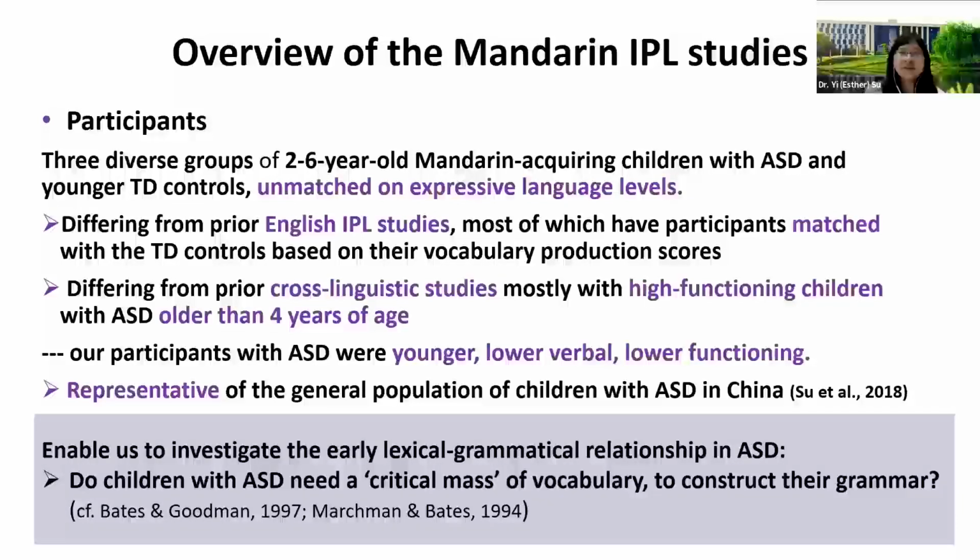Now, remember, our sample is representative of the general Chinese population of children with SD, and we have a large sample of low verbal children with SD. So we can ask whether children with SD need a critical mass of vocabulary to construct their grammar or not.